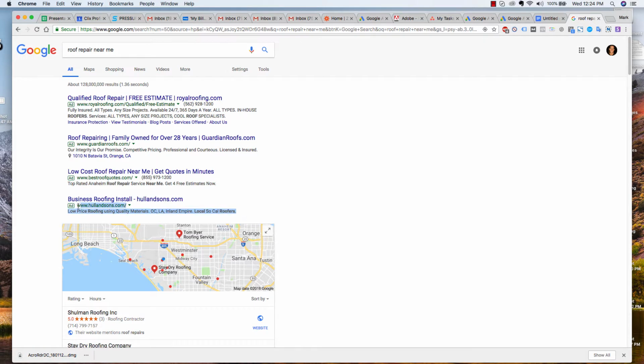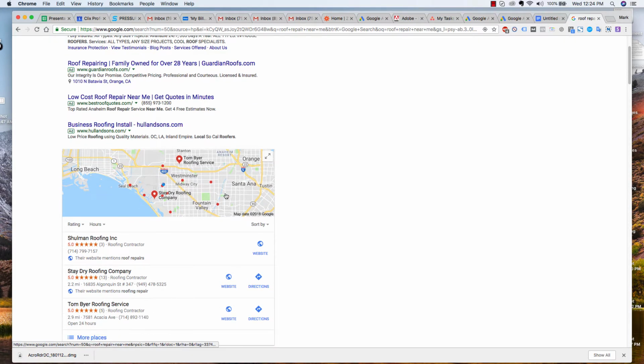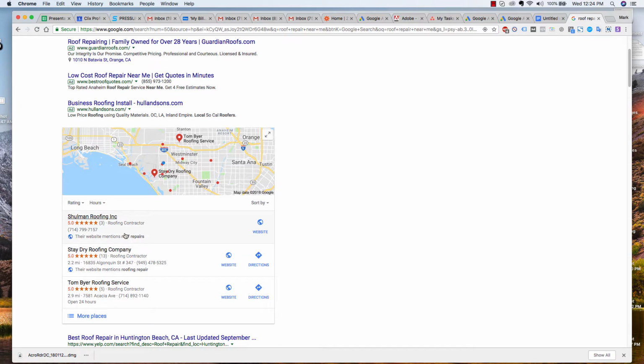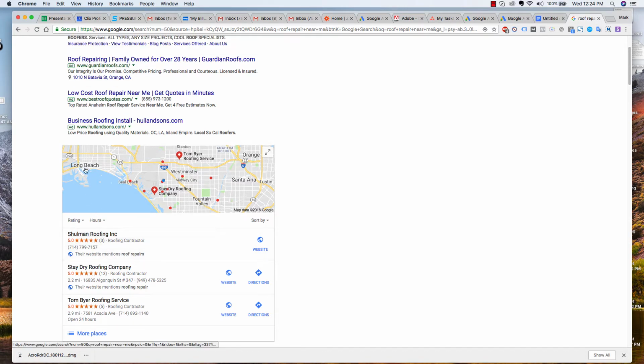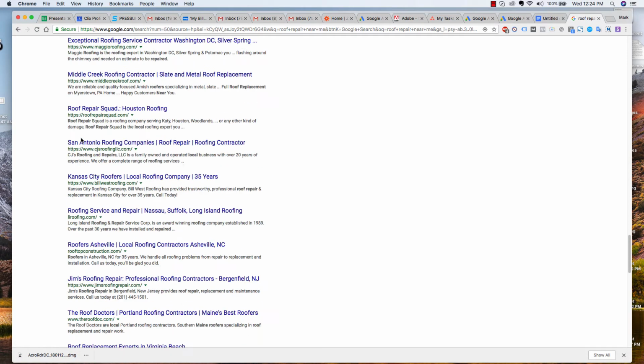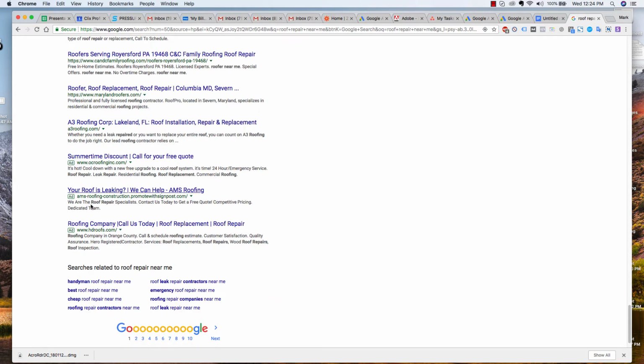Now these are all different businesses, okay? And sometimes there's even an ad in here. Typically there's 3 listings in here, but sometimes there's 4, and the one on the top says ad next to it. And then if you scroll to the bottom here, you're going to see there's typically 3 more ads.